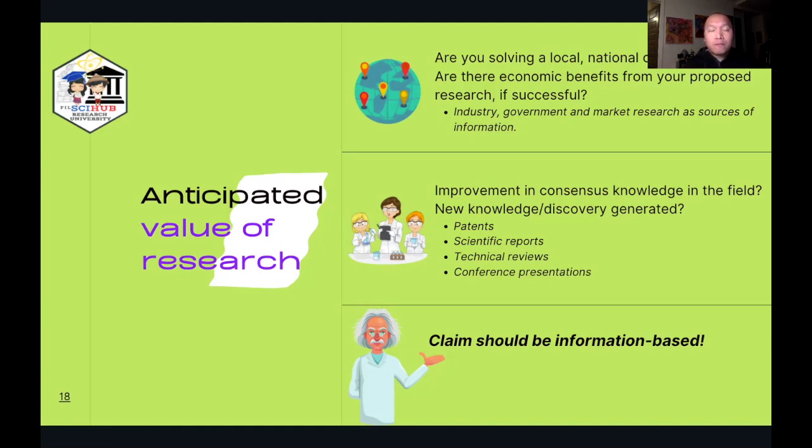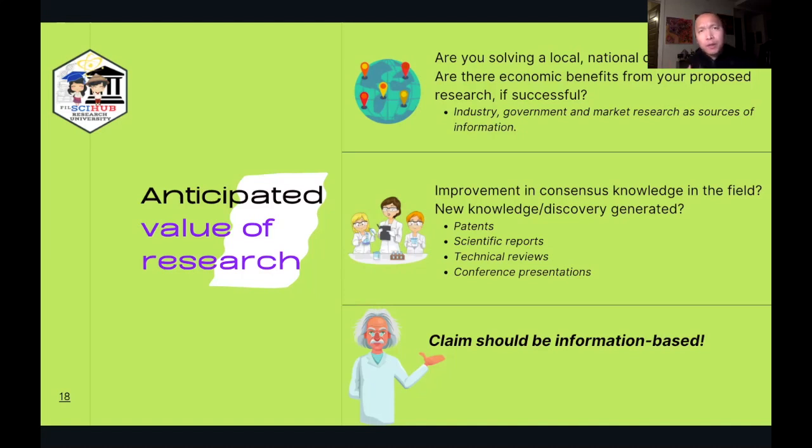There's a wide range of importance that you can highlight. For example, you can answer the questions: Are you solving a local, national, or a global issue? Are there economic benefits from your proposed research project if you are successful?